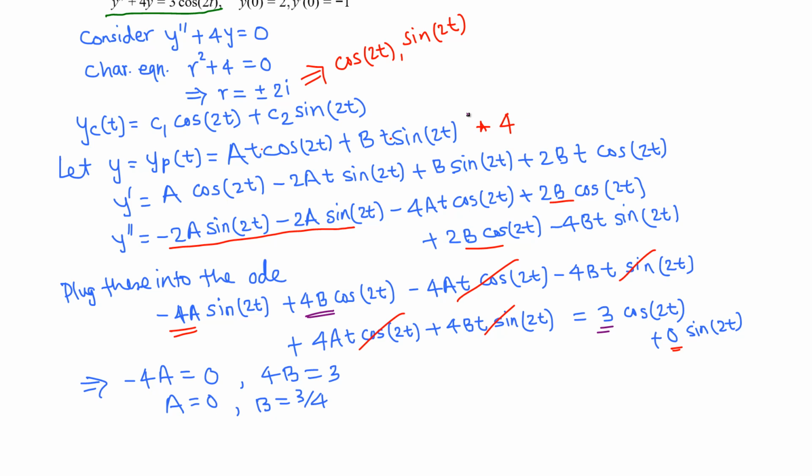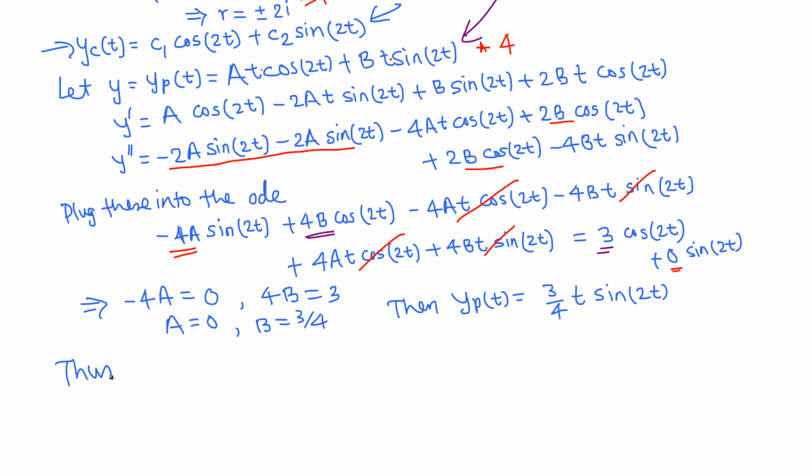Now we plug A and B in here. This is our particular solution. Since A is 0 and B is 3/4, yp is 3/4 t sine 2t. The sum of yp and yc is the general solution.